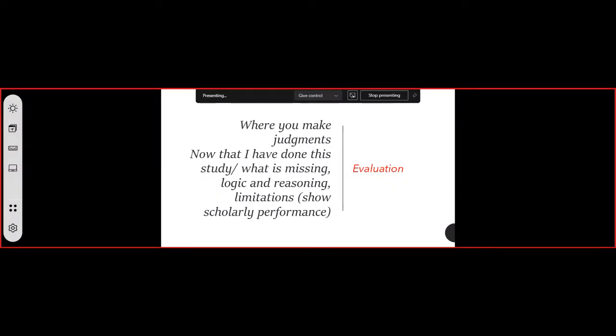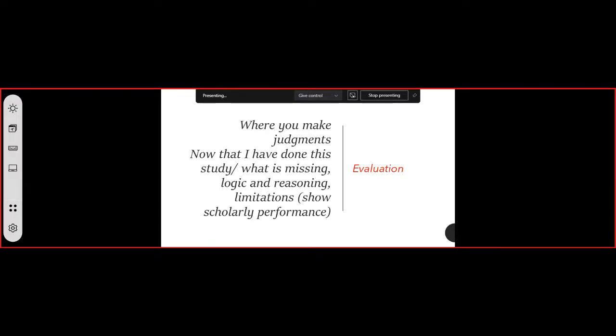And I often value, when I evaluate dissertations and theses, when a student also tells me what didn't maybe work out perfectly, and having said that, what they've learned from it. So in your evaluation, you can now also start evaluating your process.